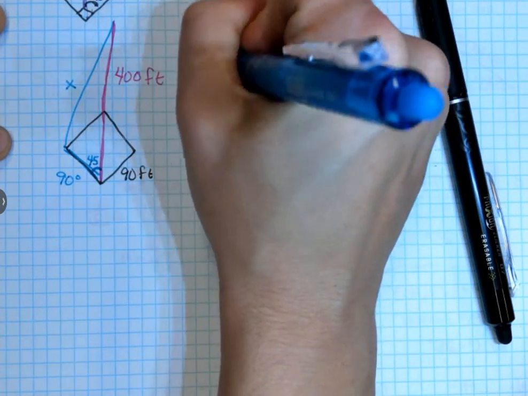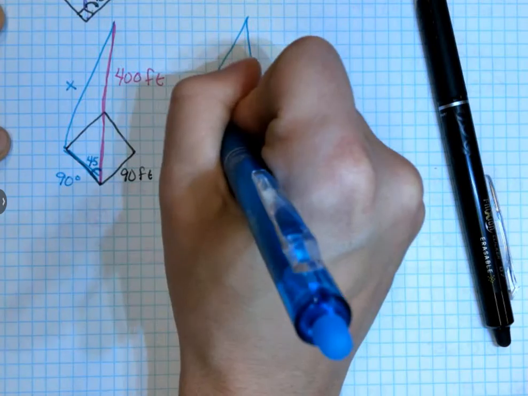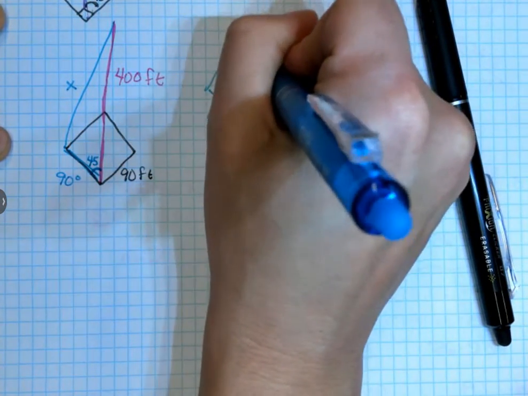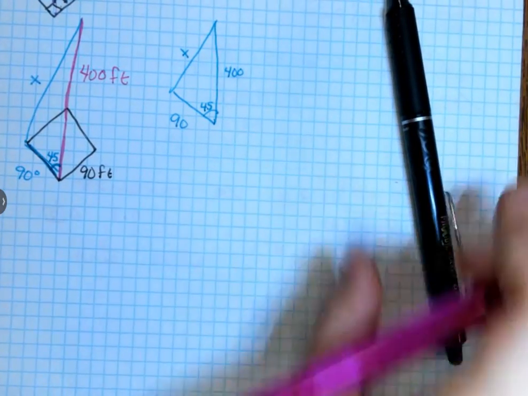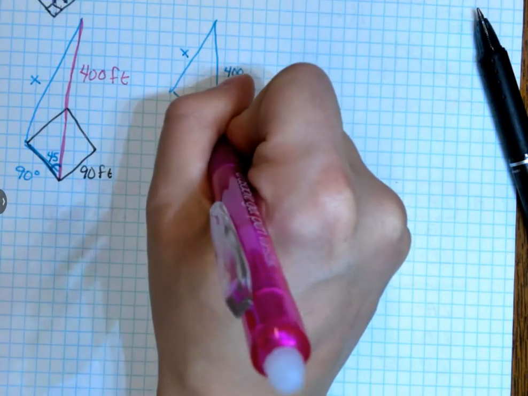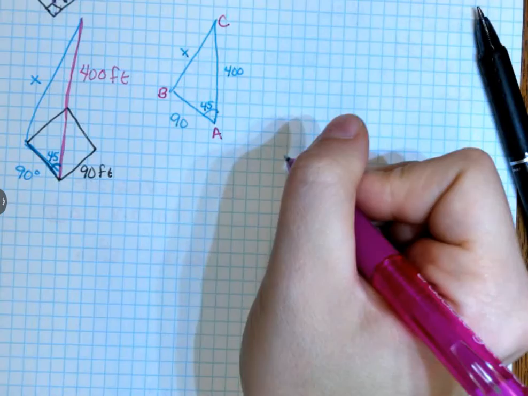Okay, so we got a little bit of a problem. If I just sketch out what I do have, I don't pay attention to anything else. I have 90, I have 45, and I have 400. And I'm looking for this. Will I be using law of sines or law of cosines for that? Cosines, because I don't have an angle side pair. So if I want to think about this in terms of letters, we'll call that A, B, and C just because.